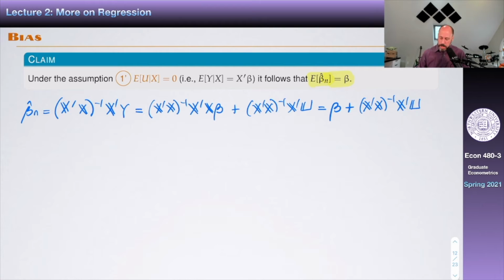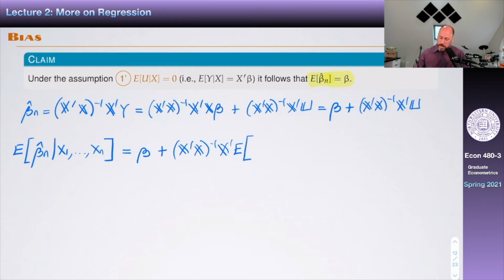So what I'm going to do now is take the expectation of this estimator, conditional on all the x's, and this is equal to beta plus (X prime X) inverse X prime, expected value of u given x1 through xn.